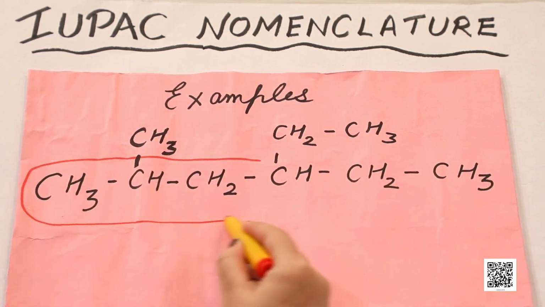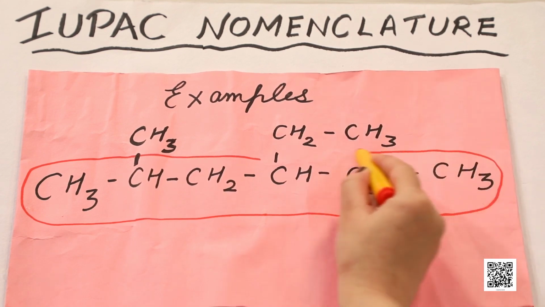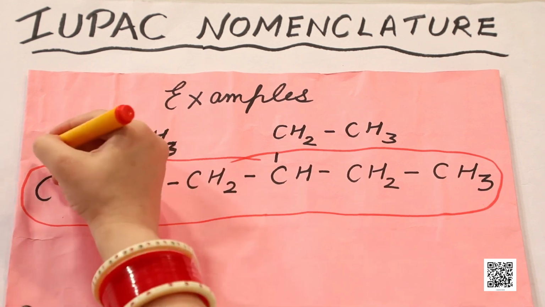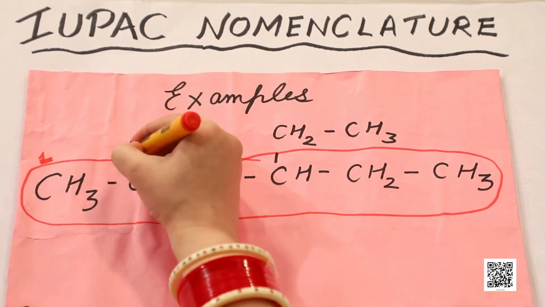Now, my second rule is to number this carbon chain, and I will number it in a way that the substituents which are present should get the lowest possible number. So, for simplicity, I am numbering it from both the sides. First, I will number from left to right, 1, 2, 3, 4, 5, 6.